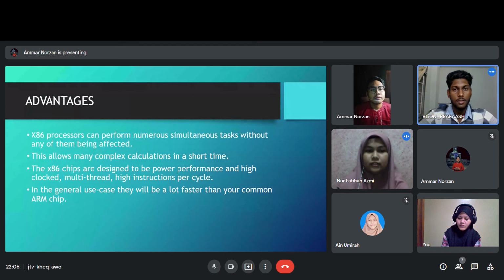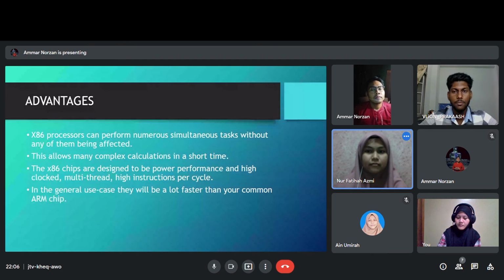So for the advantages of the Intel X86 processor, the X86 processor allows you to perform numerous activities at the same time from a single instruction. Also, they can perform numerous simultaneous tasks without any of them being affected.